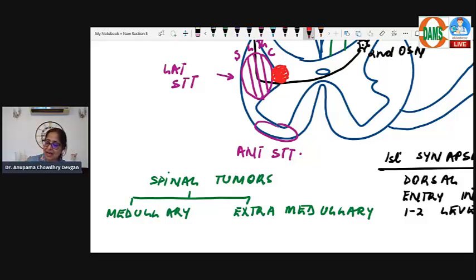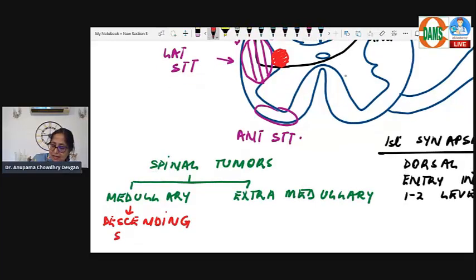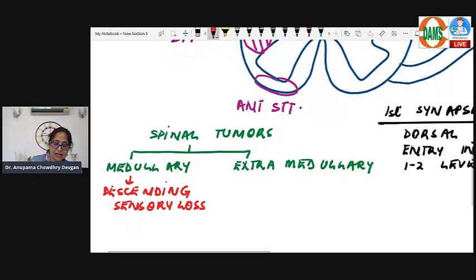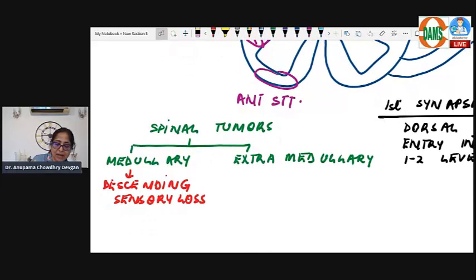So in a medullary spinal tumor, it is a descending sensory loss, a descending loss of pain and temperature.